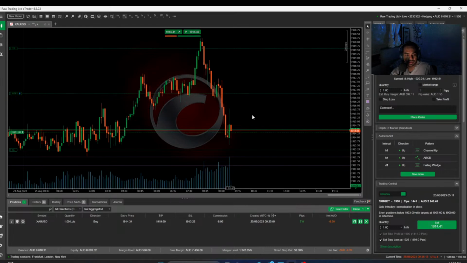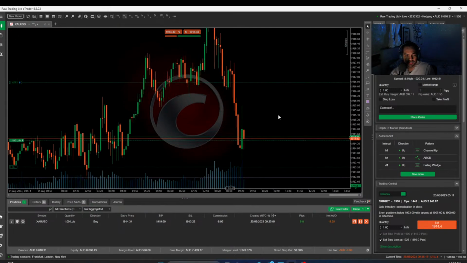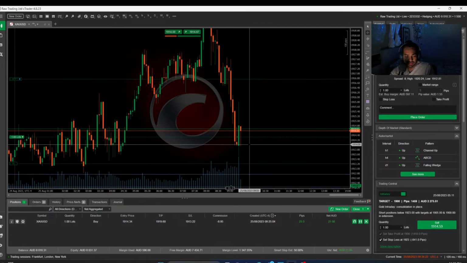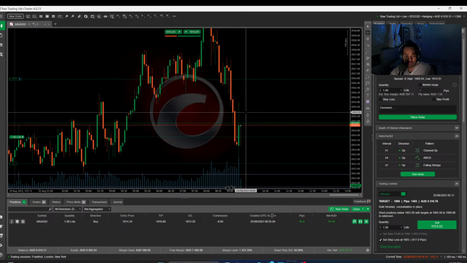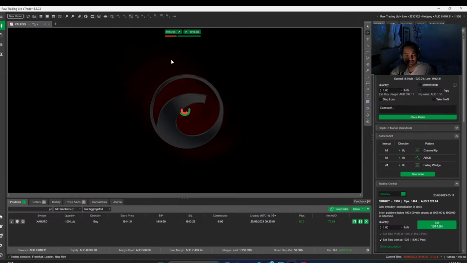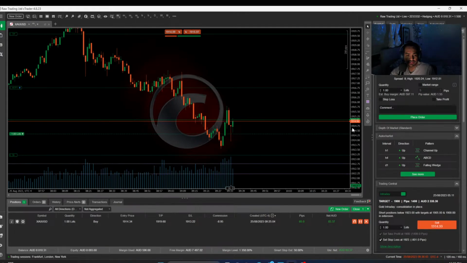Look at the 5-minute candle. So the 5-minute candle closed, opened, and came straight down, so it means it's going to go up and fill this wick. Yeah, so it's going to go up.